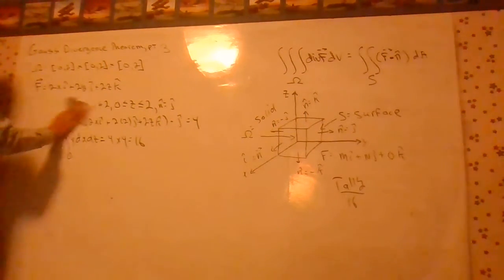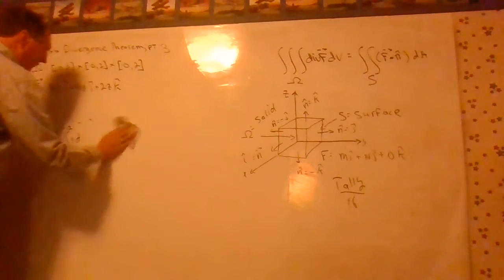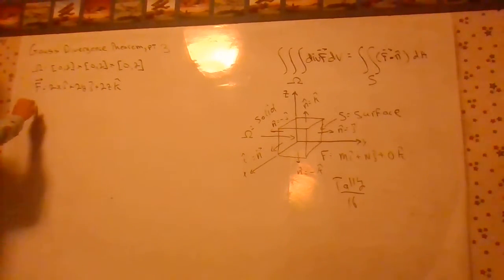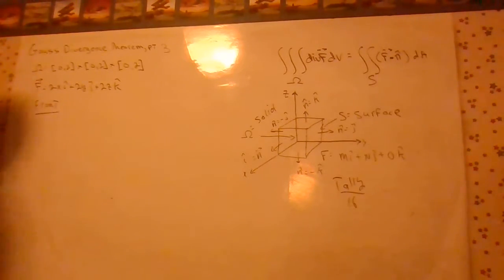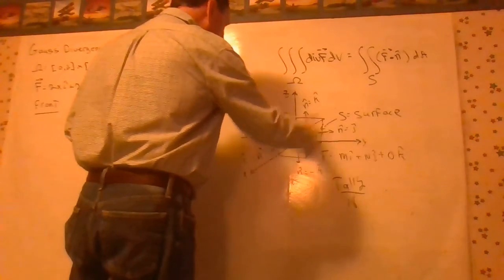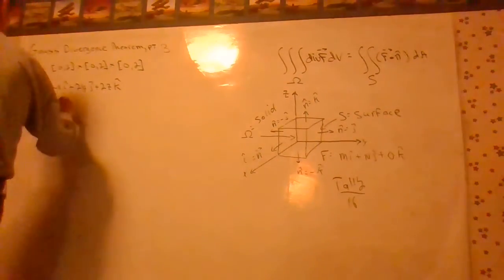Okay, let's work our way around. We can do the front. Doesn't matter what order we do it. And the front, we're talking about this face right here. X is fixed at 2.